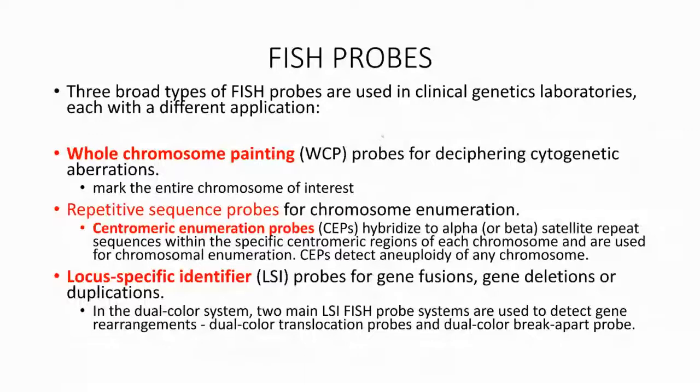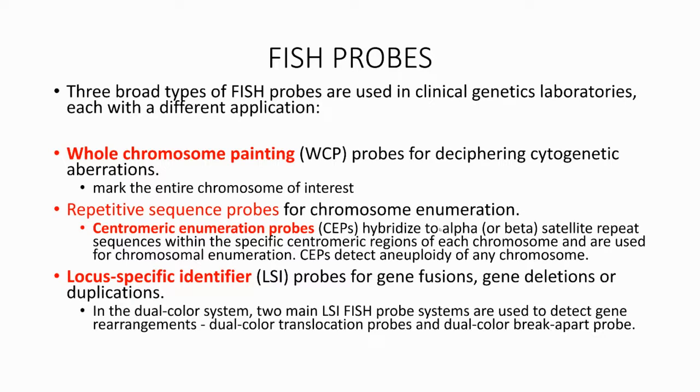Also, we have the repetitive sequence probe, which is for chromosome enumeration. The centromere enumeration probe, CEP, is commonly used because it hybridizes to the alpha satellite or beta satellite repeat sequence within the specific centromere region of each chromosome.